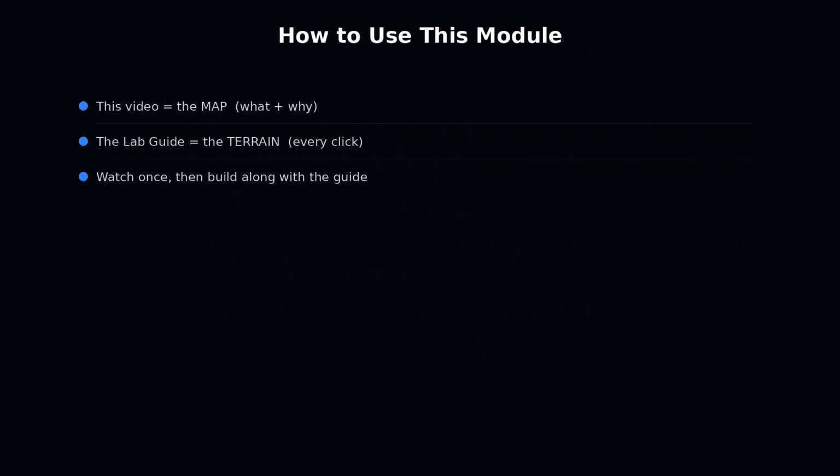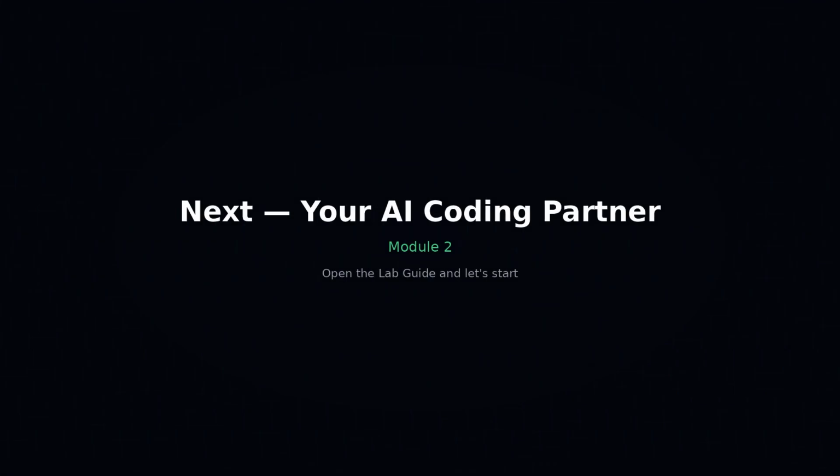Then open the lab guide, put on your headset when it tells you to, and build. That is module 1. By the end, you will have a working VR development pipeline and your own room running on your headset. Next module, we set up your AI coding partner so you can build by describing, not by typing. Open the lab guide. Let's start.